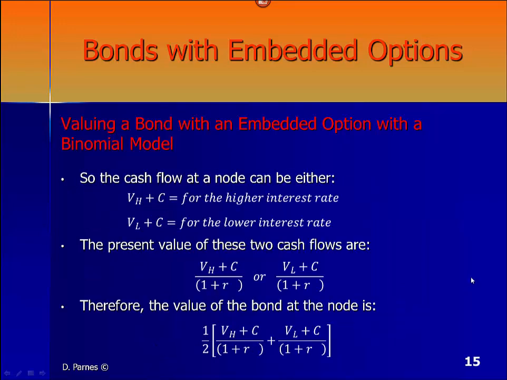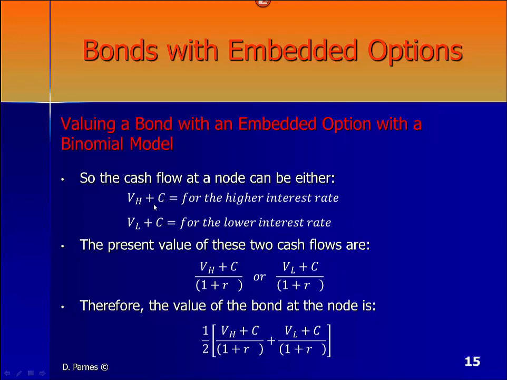So the cash flow at a specific node can be either the value at the up point whenever the interest rate is going up plus C, plus the coupon, or VL plus C, the value of the bond at the lower interest rates, plus the same coupon, okay? The coupons are deterministic.